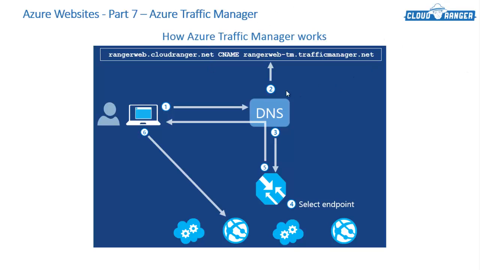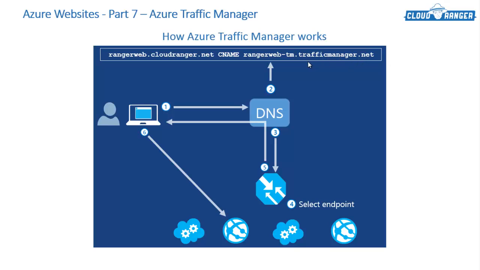So in the Azure Traffic Manager, when you request to the DNS, what DNS is going to do is go and look up that address. As you can see, cloudranger.net is my custom domain. This is my personal domain where I'm putting a subdomain, Ranger Web. So I have an entry there, a CNAME entry, which is basically pointing to rangerweb-tm.trafficmanager.net.